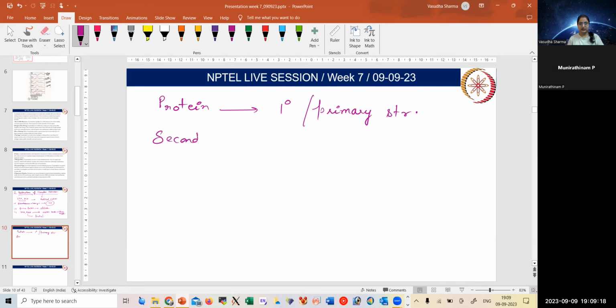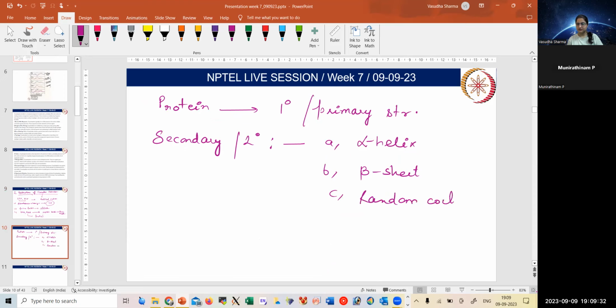Then we saw secondary, which comprises alpha helix structure, beta sheet, and random coil. In alpha helix, the C terminal and N terminal have dipole moment interactions. Beta sheet is two sheets which, because of hydrogen bonding, form that secondary structure. And random coil has no structure.